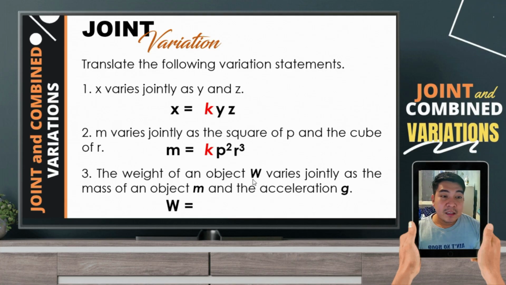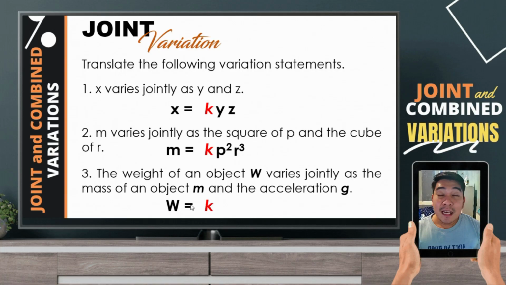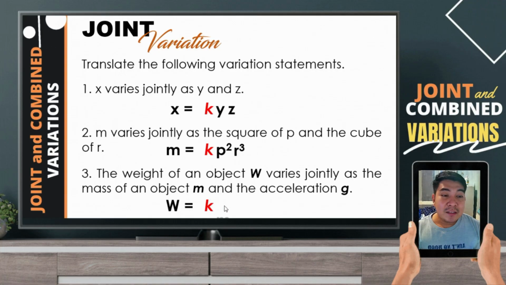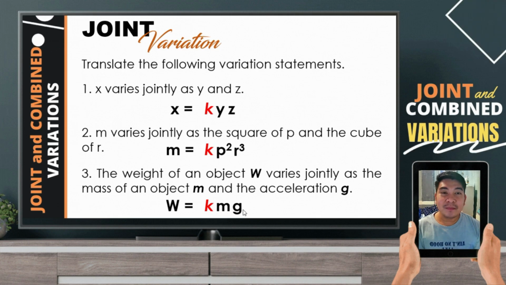Since we are using capital letter W here, we will be writing capital W is equal to K, the constant of variation, times the second quantity, the mass of an object, which is M, and then the acceleration, which is represented by G. Therefore, the final equation will be W is equal to K times M times G.